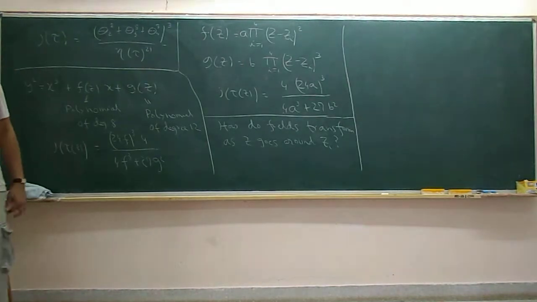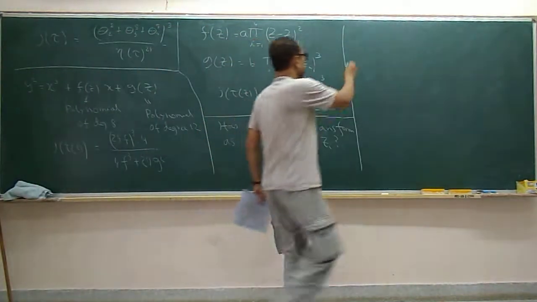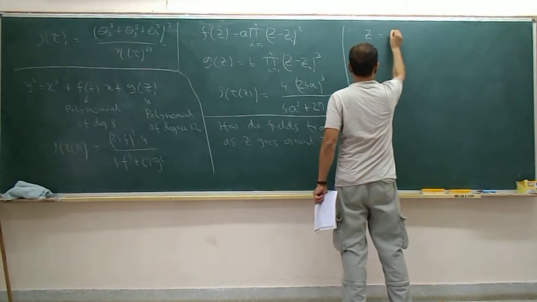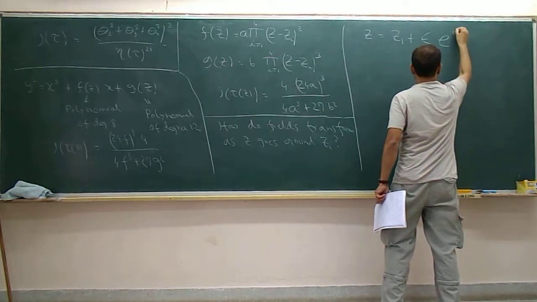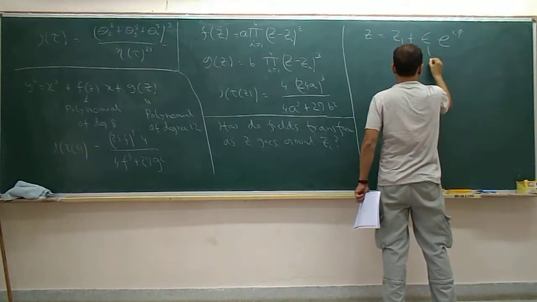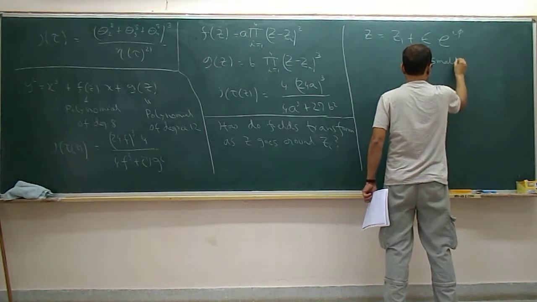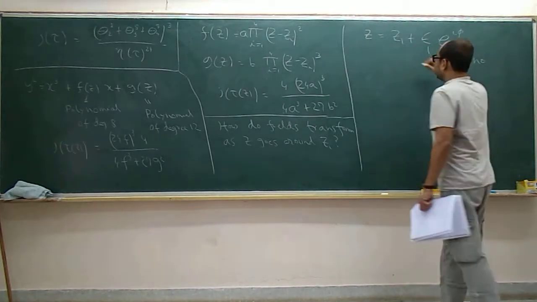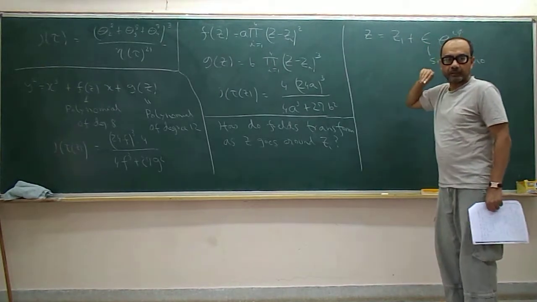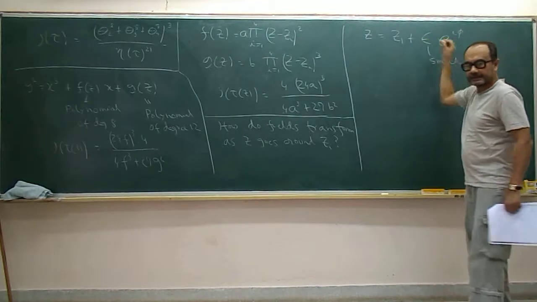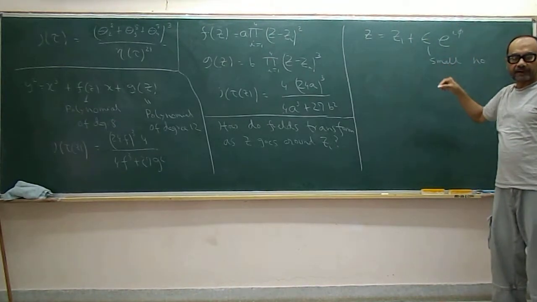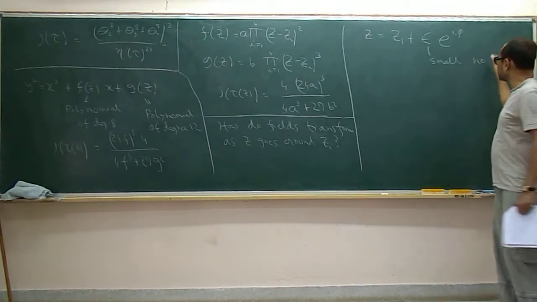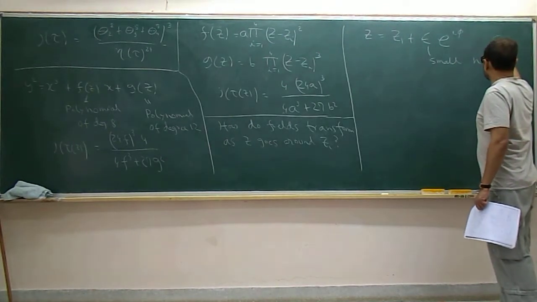So suppose z equals z1 plus epsilon e to the i phi. Epsilon is a small number, which basically means that we stay close to z equal to z1. Keep some fixed small number epsilon, and just change phi from 0 to 2 pi. That corresponds to a small loop around the point z1.